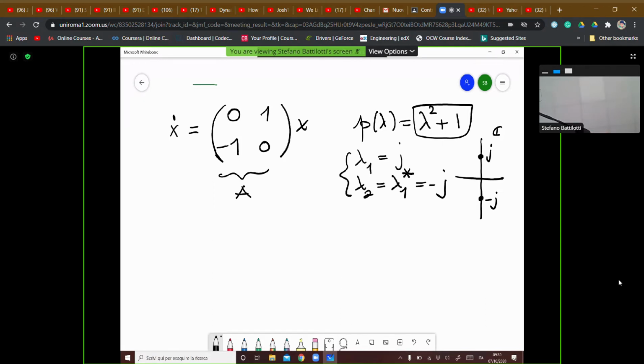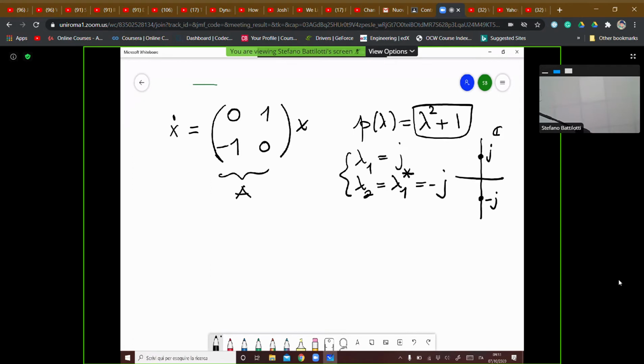Okay. So this is exactly the case in which we have, for example, a pair of complex conjugate eigenvalues. In particular, purely imaginary. Real part is 0. So as for what we said before, what we expect in this case is a periodic mode, because the real part is 0.